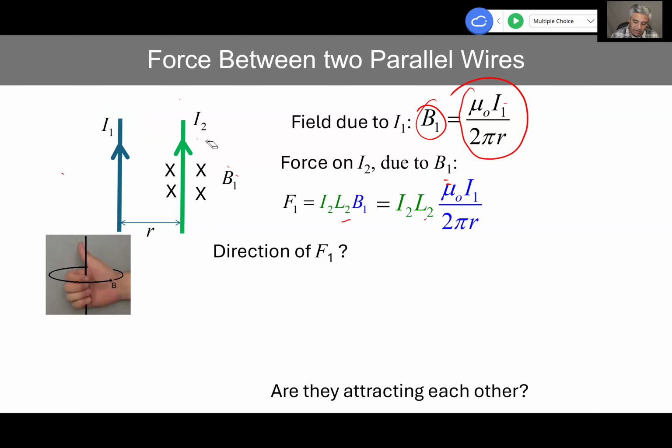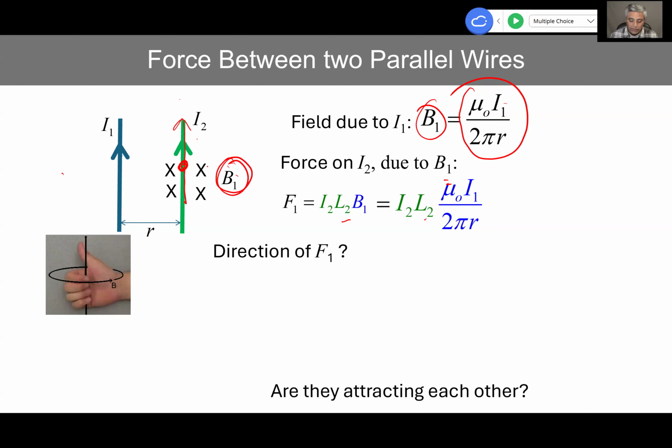So now let's figure out the direction of F1, the force on wire number 2 due to field B1.